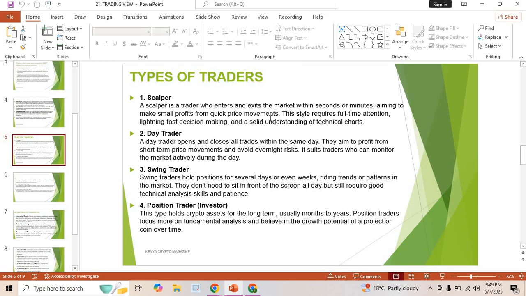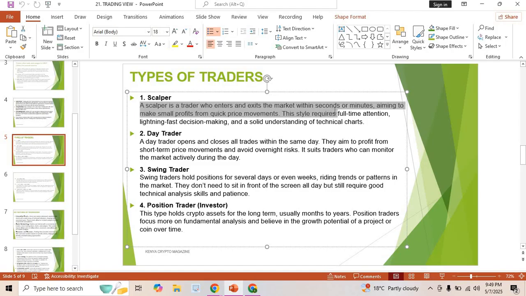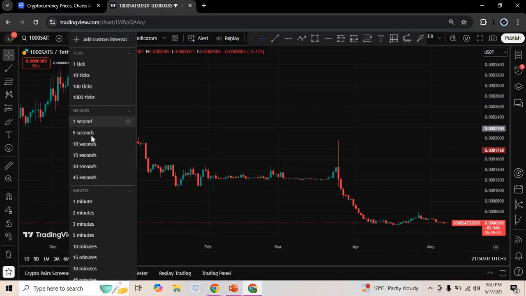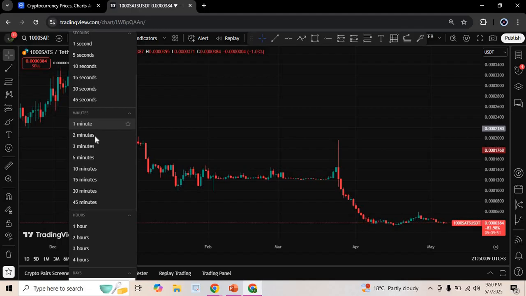This style requires full-time attention, lightning-fast decision making, and a solid understanding of technical charts. The most important part is that they enter and exit the market within seconds or minutes. So which time frame do they most probably use? The second time frame, the minute time frame. These time frames right here, from 10, 5, 3, 2, 1. Those are the time frames for scalpers.